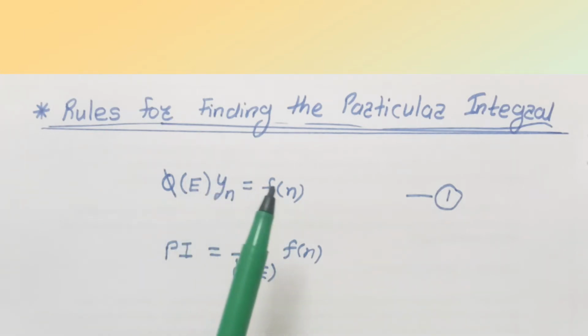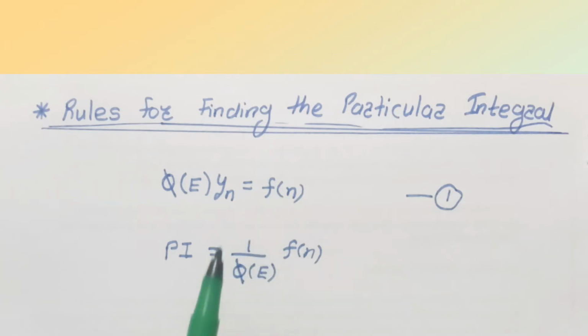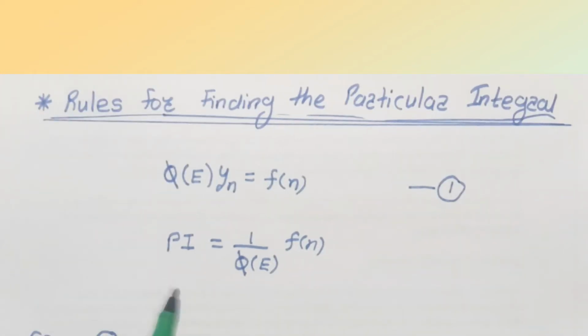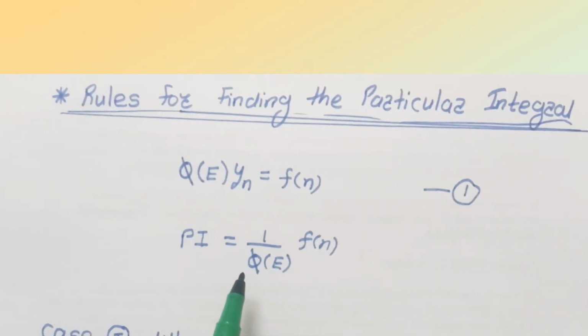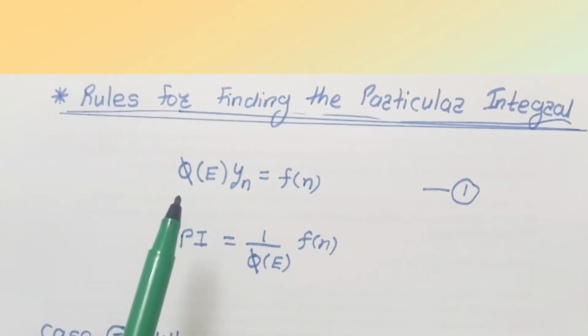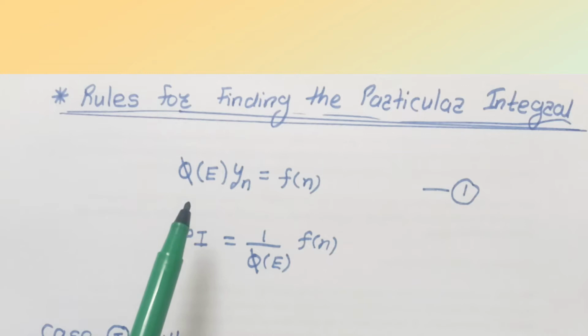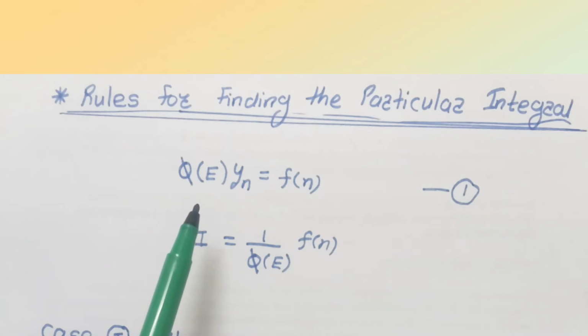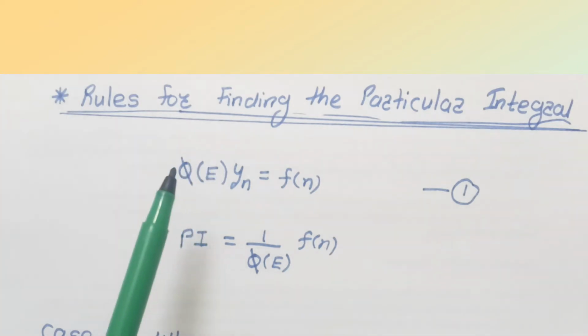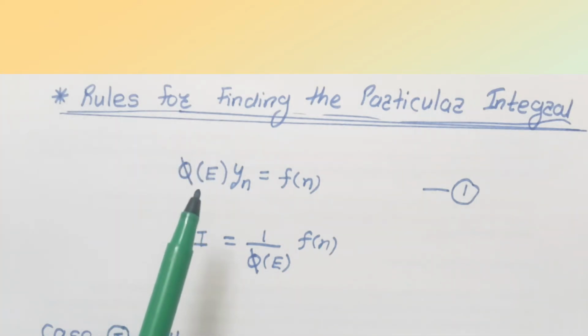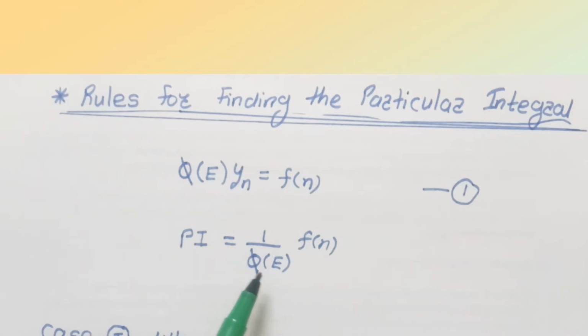So if we want to find the particular integral for this type of term, then the process is we have to take PI equals 1 upon phi(E) into f(n). Here phi(E) is a function of E. If we have a given difference equation, then as a first step we have to convert it into E form. Once it is converted into E form, take y_n common, and the remaining whole bracket contains a function of E. That function of E we have to write in the denominator.